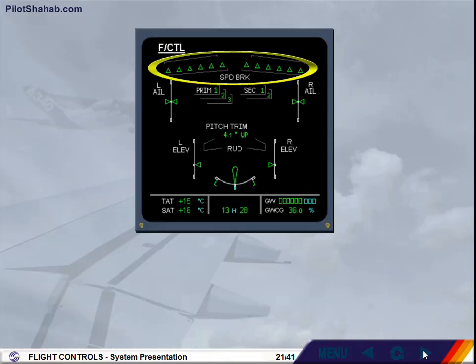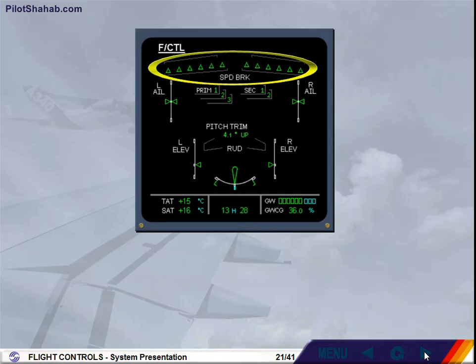On the ECAM flight control page, the spoiler extended position is indicated by small arrows. This is the speed brake case. All these control surface indications will be explained in more detail in the normal and abnormal operation modules.